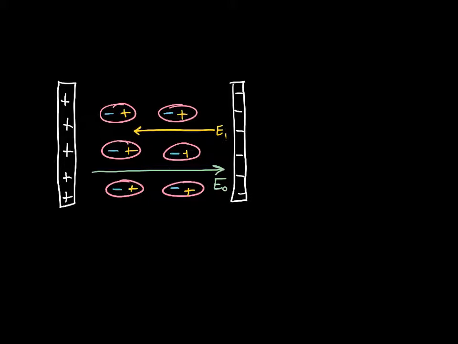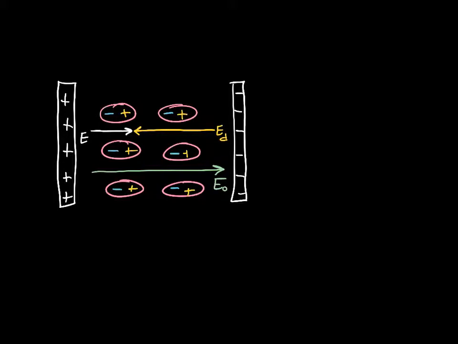We can call this E sub D, because the electric field of each one of those molecules goes the other direction. And so what that means is you have a net electric field that's the difference.